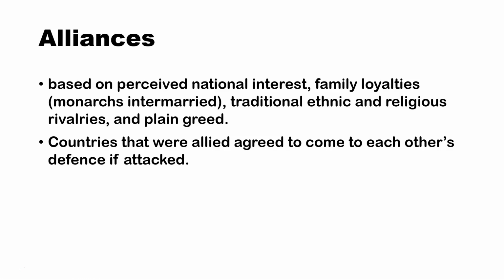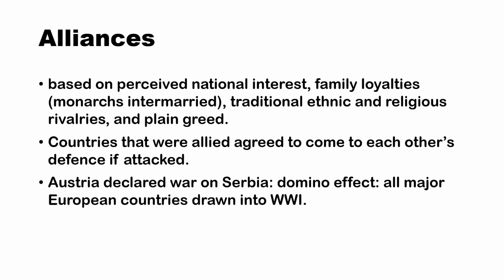Countries that were allied agreed to come to each other's defense if attacked. So when Austria declared war on Serbia due to an assassination, there was a domino effect. All major European countries were drawn into World War I. And then their colonies and their territories and their allies outside of Europe all were drawn into what became a world war.